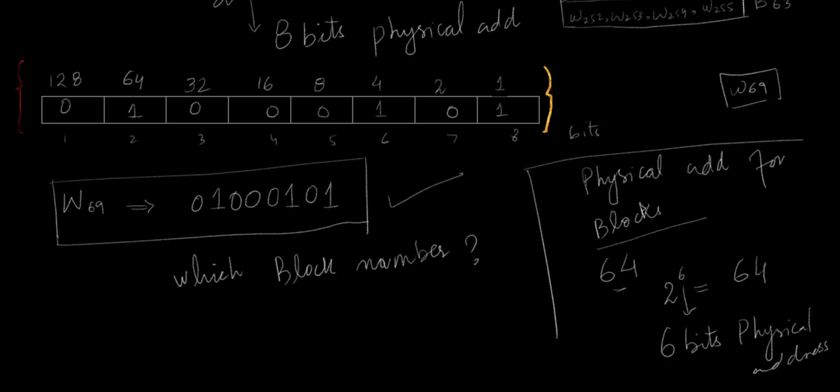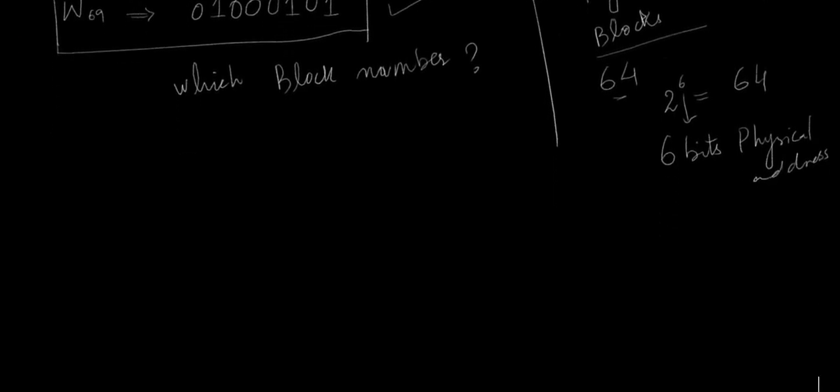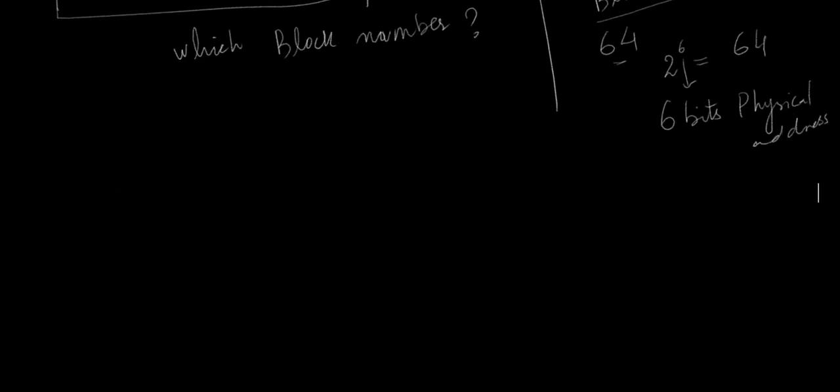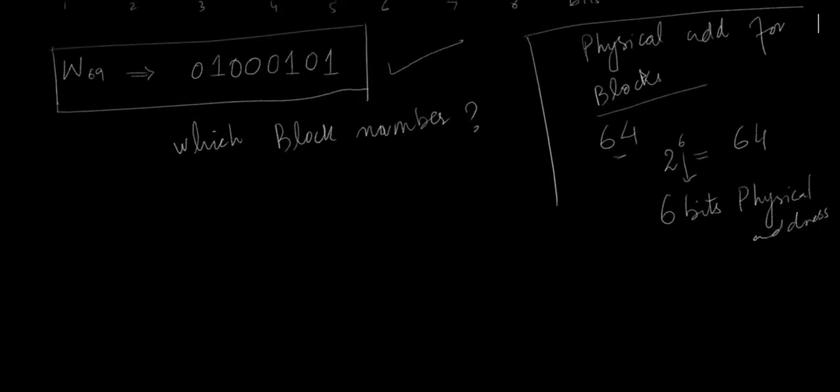Now let's say I have a 6-bit physical address. If my block number is going to be 6 bits, I'm just going to take the first 6 bits and simply take them down.